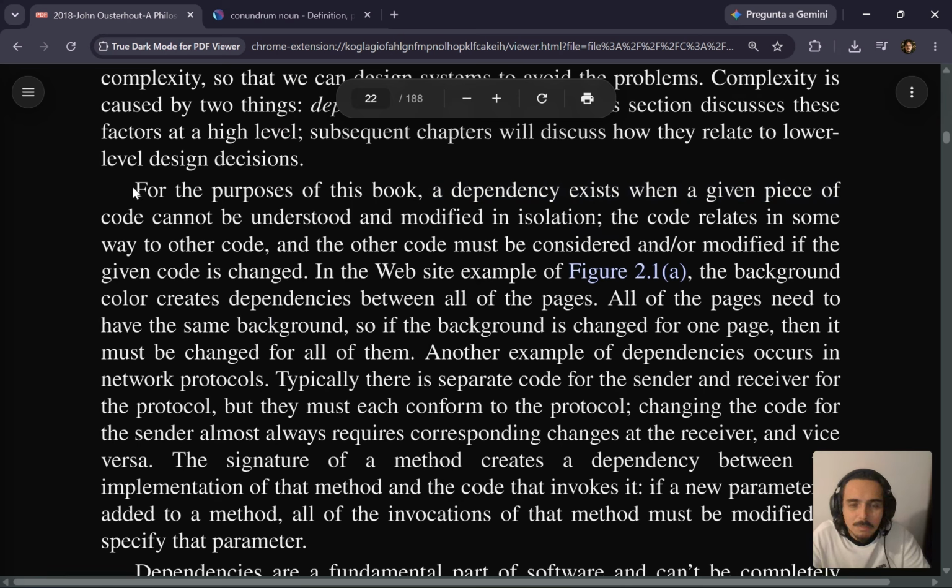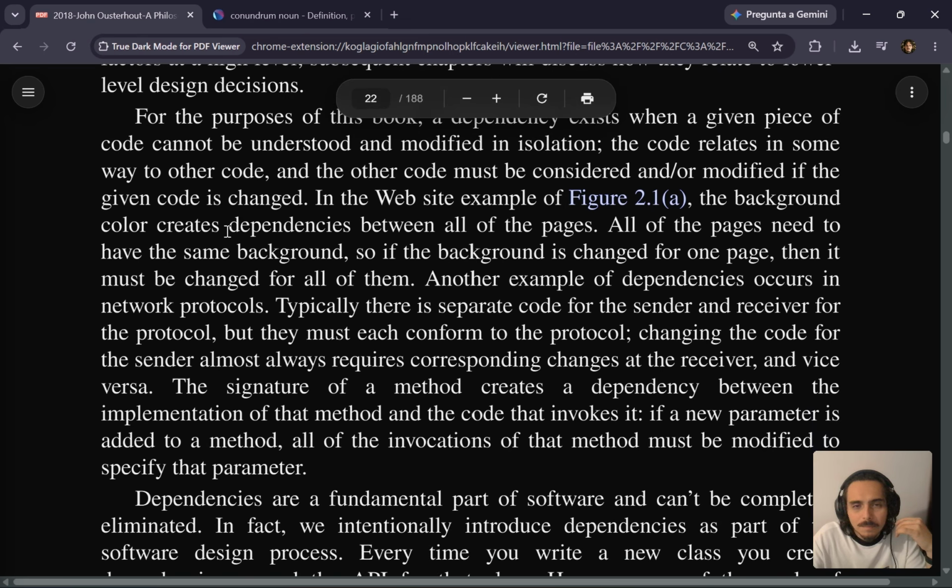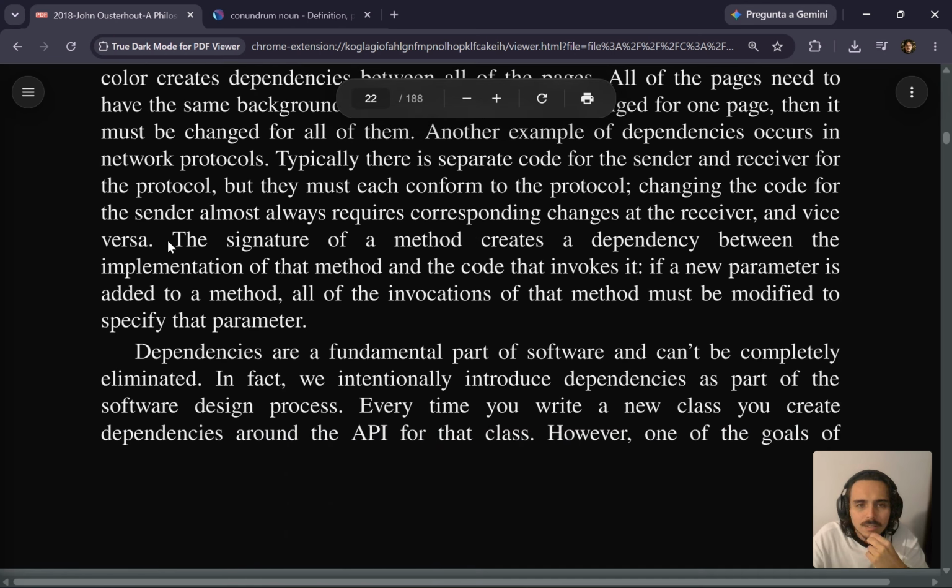So, for the purposes of this book, a dependency exists when a given piece of code cannot be understood. Yeah, but dependencies are inherent of a system. The signature of a method creates a dependency between the implementation of that method and the code that invokes it. Okay, I get that.